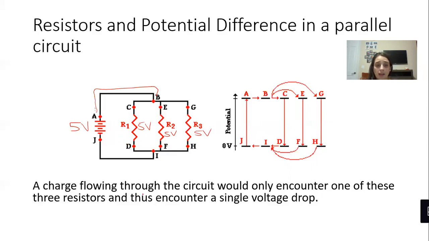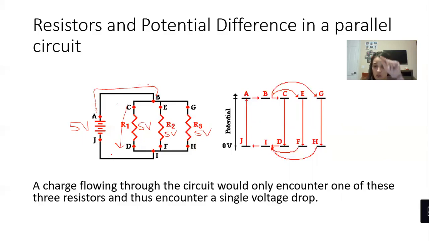The reason why is that, comparing this to the toll booth analogy, you have a charge that's coming through here, and then it gets to this point, and the charge is like, oh, I can go through resistor 1 or 2 or 3. It's like, I'm going to go through resistor 1. So that one charge experiences only one voltage drop.